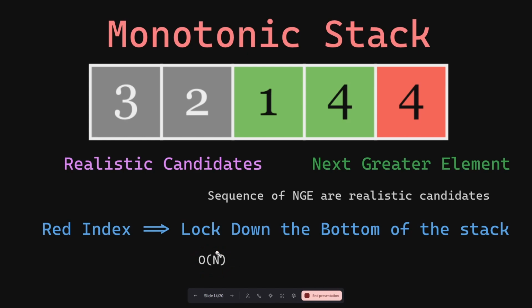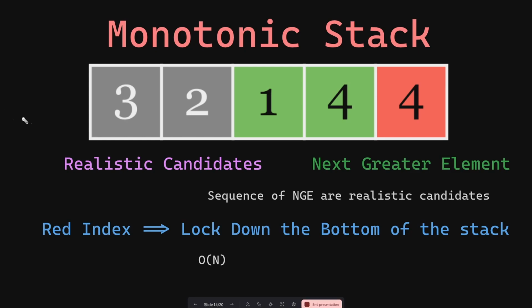Okay, let's look at the solution. If you have this array and suppose this is the first red box. So far we have been saying that all of these elements are possible candidates for the first element. But let's be realistic here. Are all of these elements equally likely to be the first element?